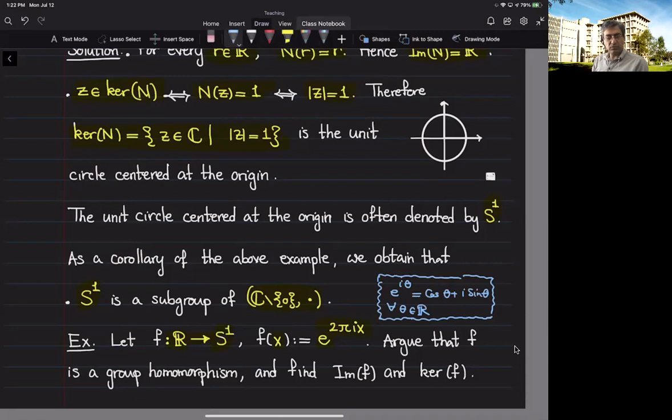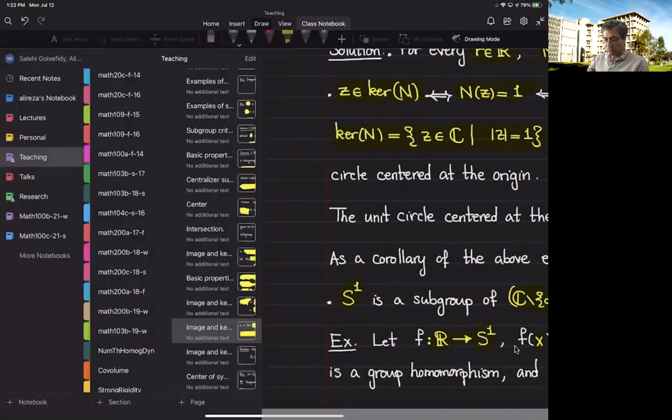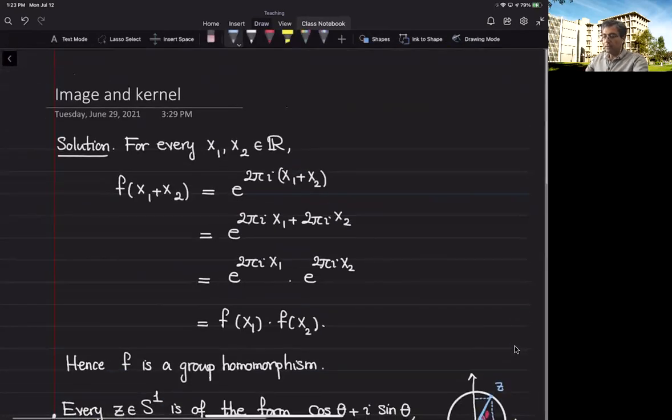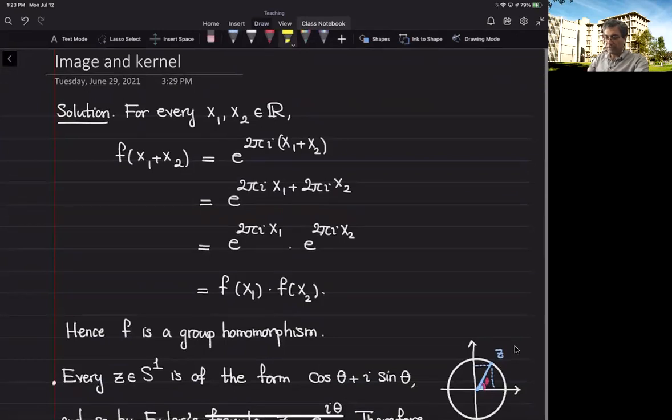And now we also want to understand its image and its kernel. Okay, so let's go through the details. If I give you two real numbers, f of x1 plus x2 is e to the power 2 pi i (x1 plus x2), but I can distribute this. I get e to the power 2 pi i x1 plus 2 pi i x2.